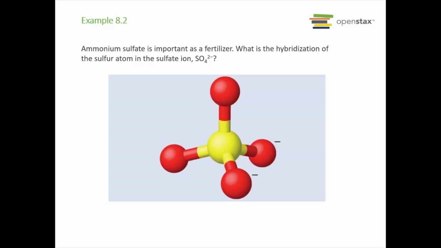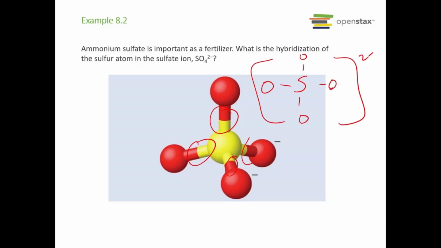You have the sulfur surrounded by 4 oxygens. So we see these 4 areas of electron density. Since it's 4 areas of density, that means it is sp3.